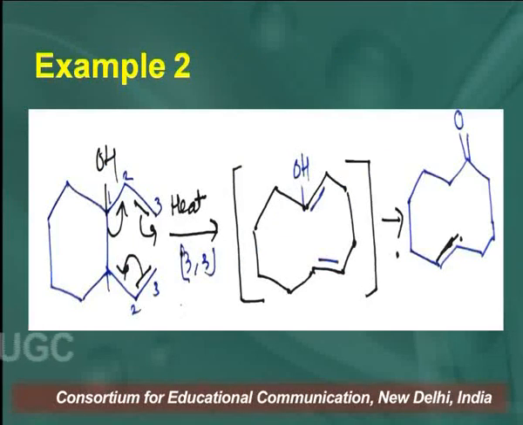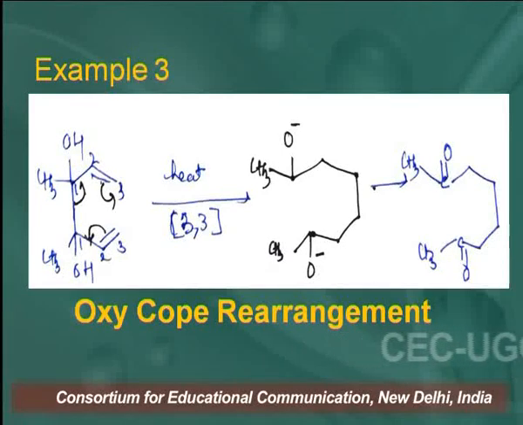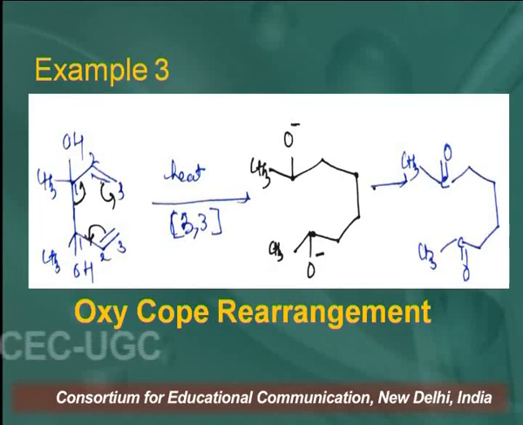Learners, this is another example. We are looking at a cyclohexene ring attached to a 1,5-diene system, and one of the diene carbons has an alcohol or hydroxyl group. The same 3,3 migration takes place and we get a ketone here. Here is another example of the Oxy-Cope rearrangement, also a 1,5-diene.